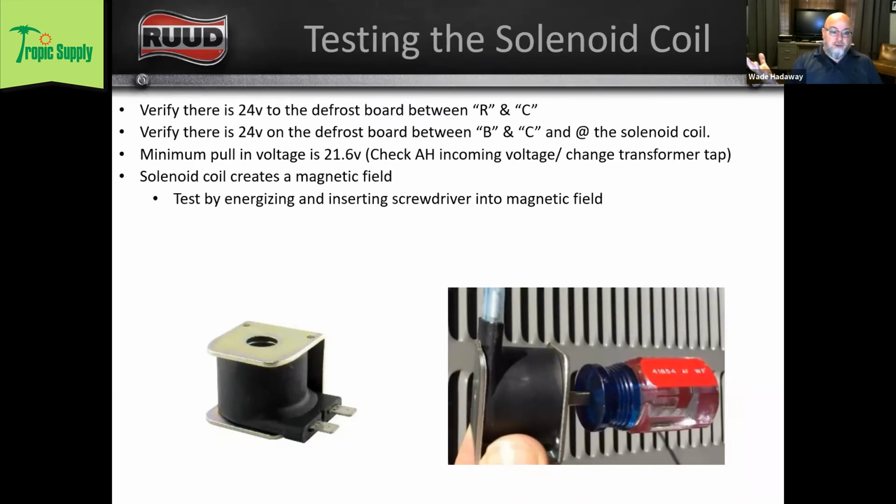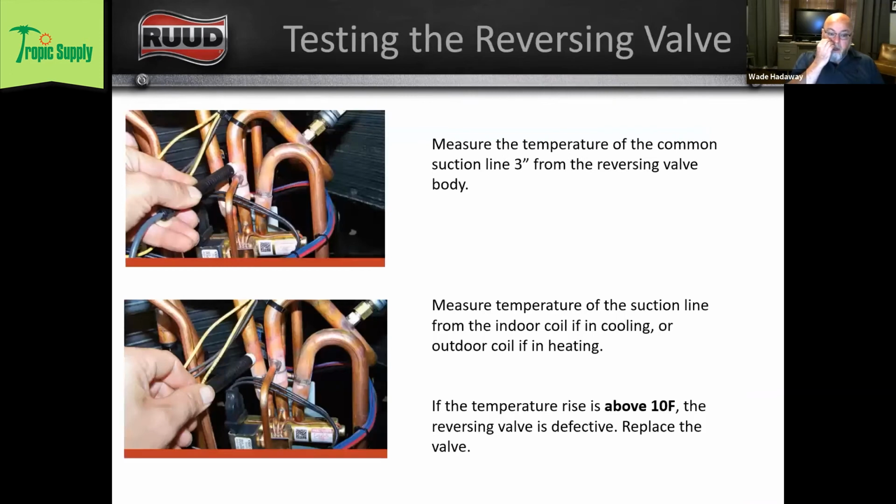And if you let go of that screwdriver and the magnetic field that's created from the solenoid holds the screwdriver in there, then it's creating the magnetic field. So you don't have a control voltage issue. You might have another issue, but the first thing to check is to make sure that you're getting 24 volts to your solenoid and that it's creating the magnetic field that it needs to create to shift the pilot valve.